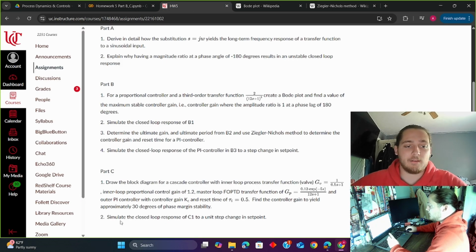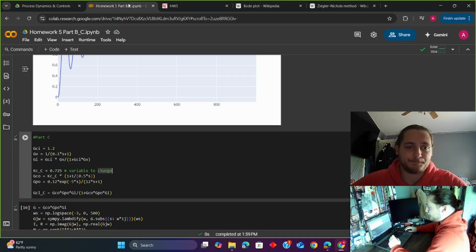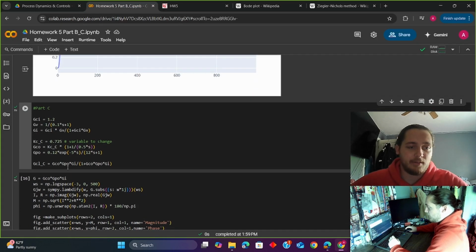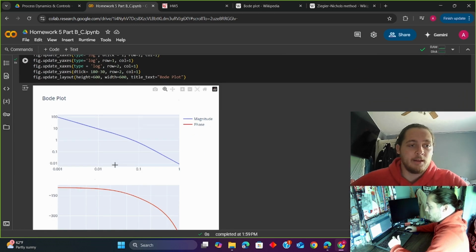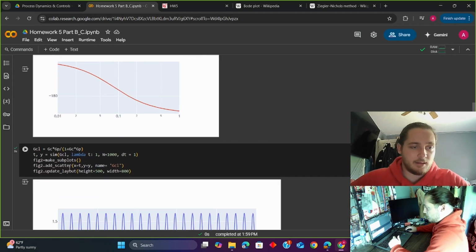So next for this assignment, I will be simulating the closed loop response to a unit step change in set point. So I've already defined what our GCL, our closed loop for the cascade controller, is right here. So what we need to do is go ahead and snag this piece of code.